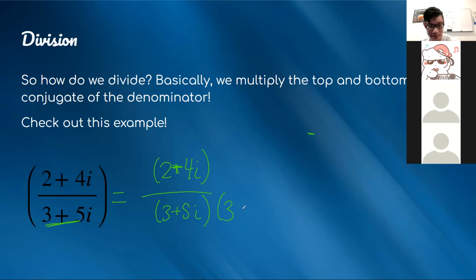All we do is we multiply by the conjugate. And we do the same for the numerator, because whatever we do at the bottom of a fraction, we have to do the top. But now, since this and this are conjugates, we naturally know that on the bottom, i is definitely going to cancel out.